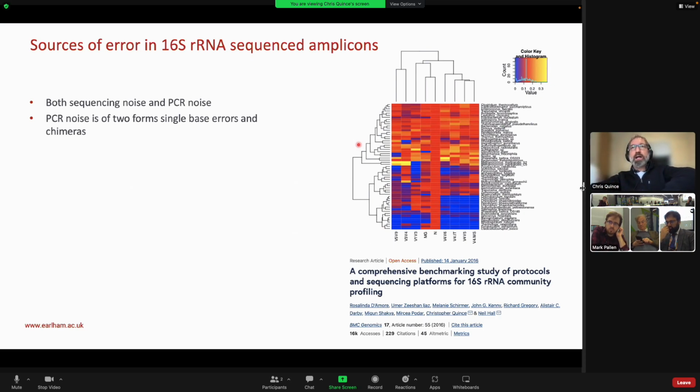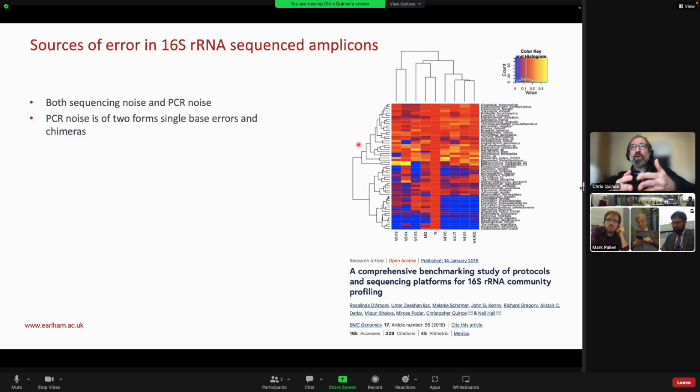So a PCR chimera is formed during the actual process of PCR. Now, you probably all have a reasonable understanding of how PCR works. You have multiple rounds of amplification. If you get incomplete amplification, then you'll have a partially amplified sequence that can then form a primer in the next round of amplification.